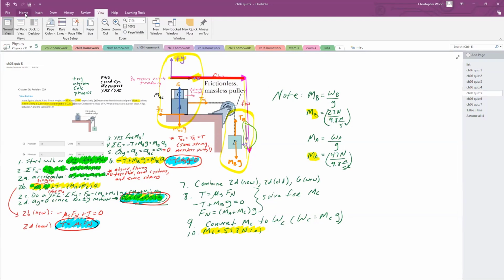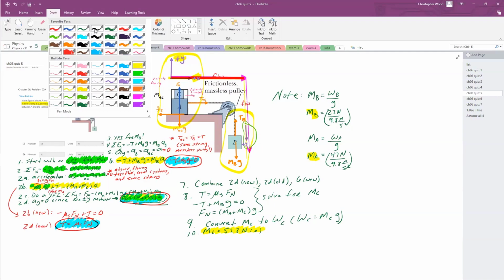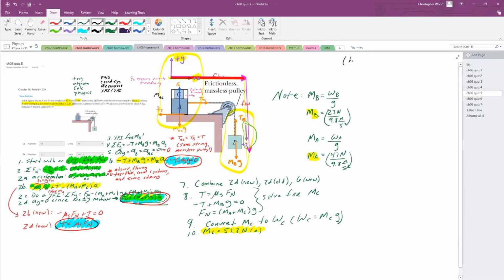Okay, so that would be, let me be a little more coherent now. Part B: what is the acceleration of A if the coefficient of kinetic friction is 0.14 and block C is removed?